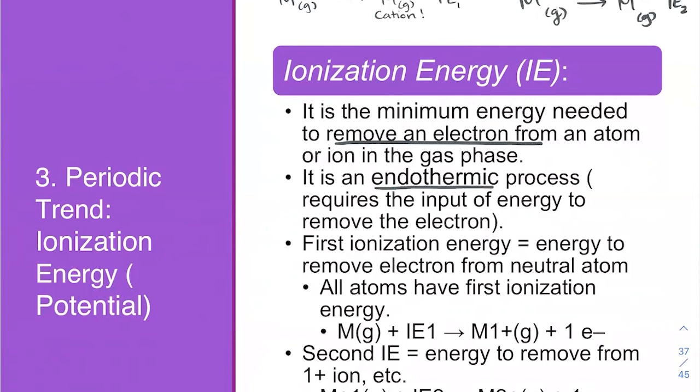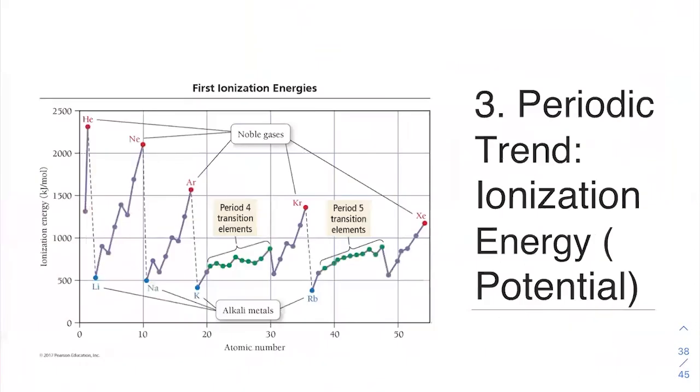Now, notice here on the first and second ionization energies, they actually put the electron there as a product, as if it's being pulled away from the metal itself. Excellent.